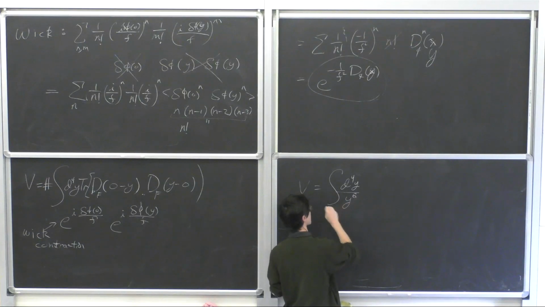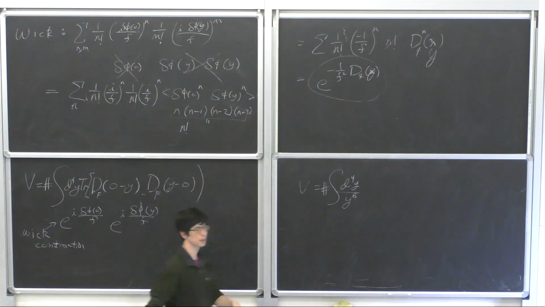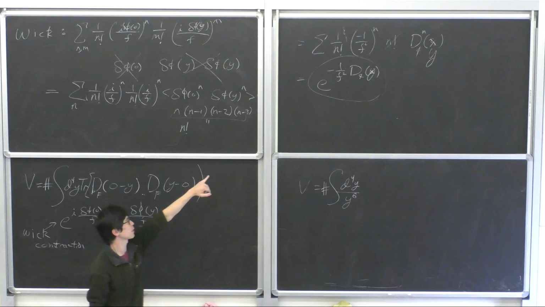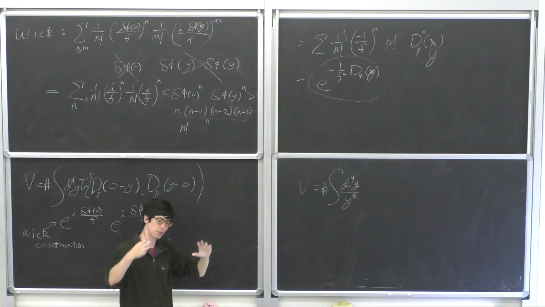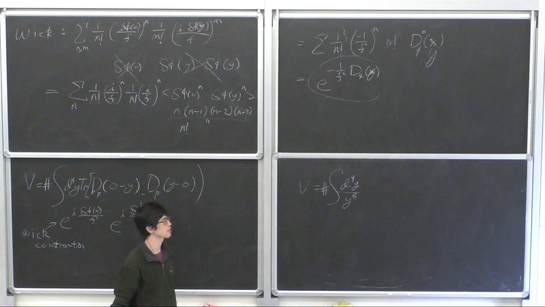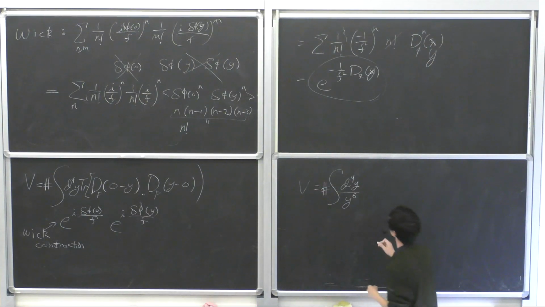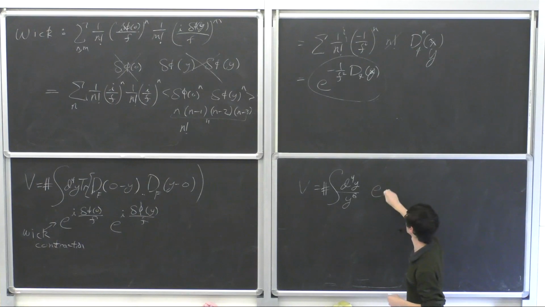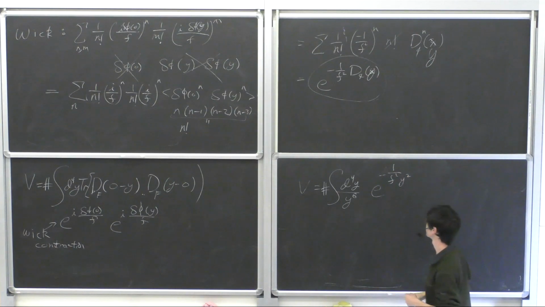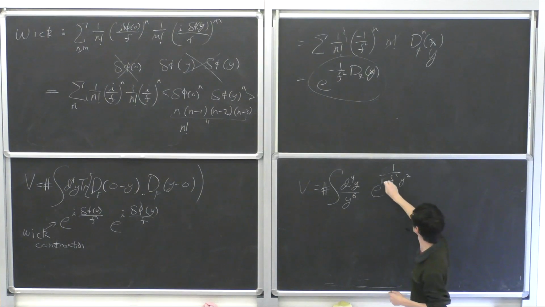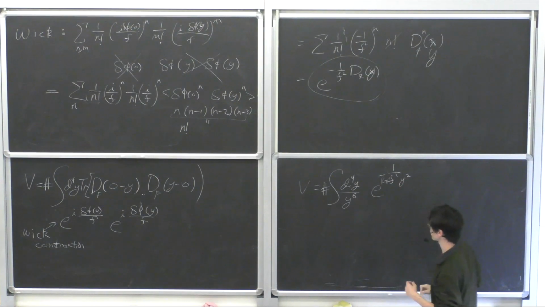So this is over y to the 6th times some order 1 number. The scalar propagator is the expectation value of 2 scalars, right? Dimensional analysis means it's 1 over y squared. It turns out the sign matters, so I'm going to tell you the sign is positive. Times some 16 pi squared, whatever, that's not particularly important.